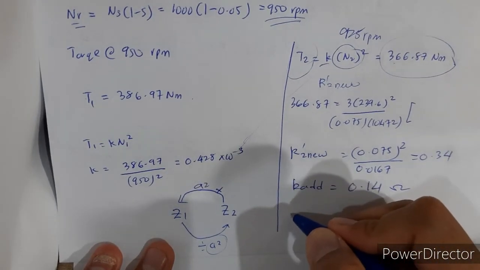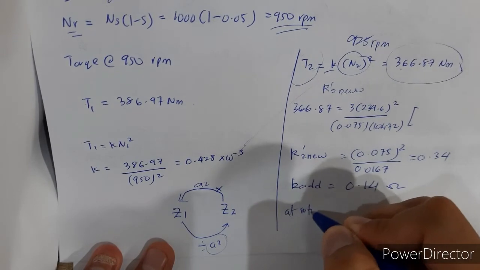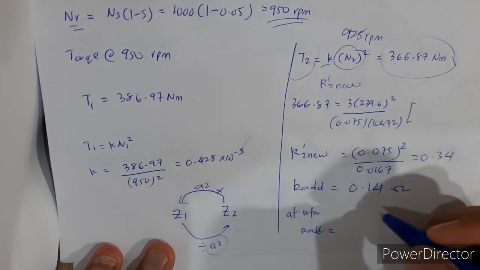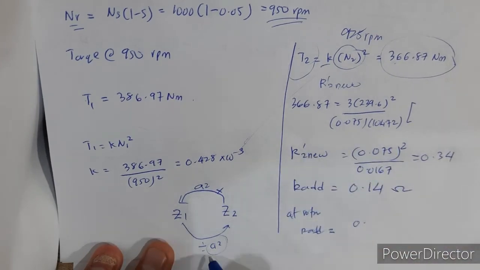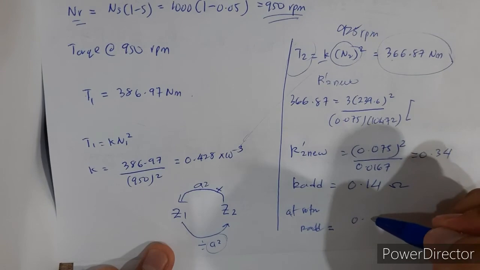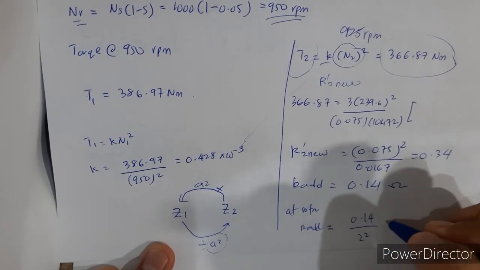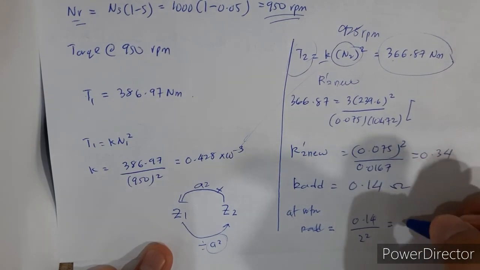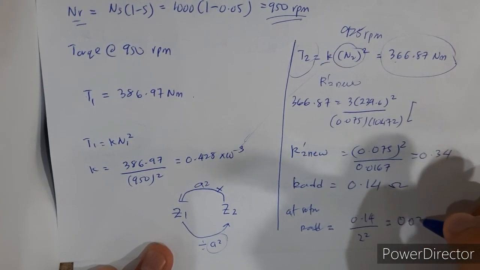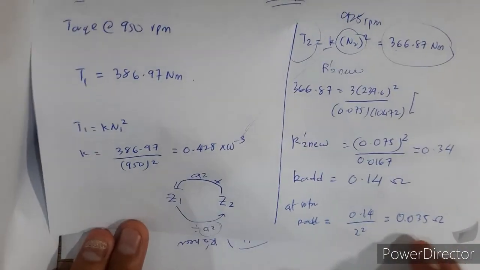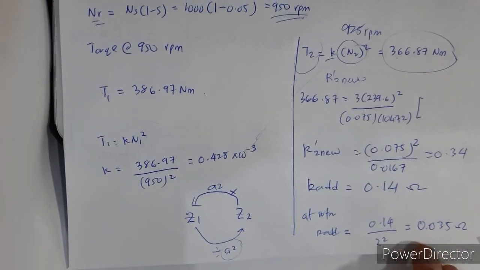So R at rotor equals to R at divided by A squared, 0.14 divided by 2 squared. So you can get the answer, 0.035 ohm. So this is the R at in series with the rotor resistance.